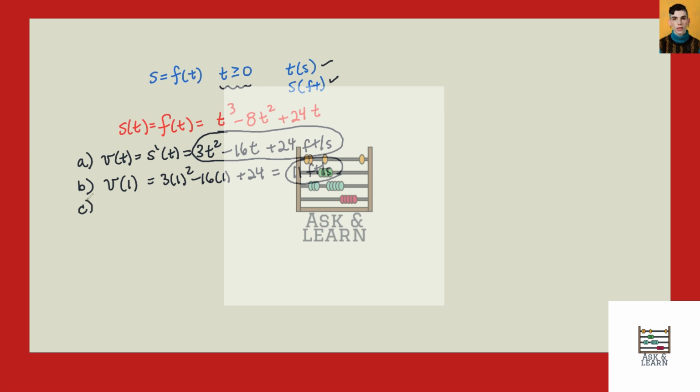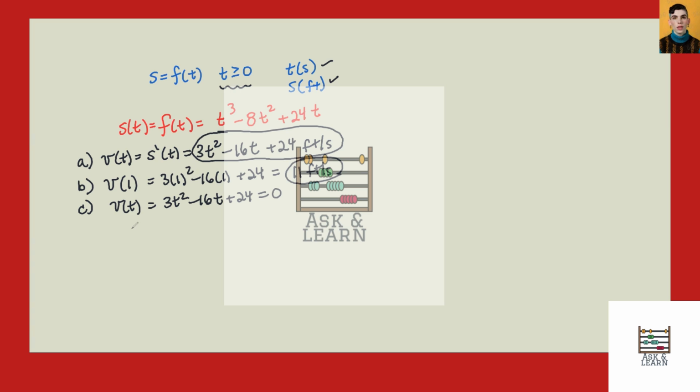All right, let's take a look at part C. We want to find out when our object comes to rest. So we need v of t, which is 3t squared minus 16t plus 24, to equal 0. And then the goal is to solve for t. It's not necessarily easy to factor when you have that 3 in front, so let's go ahead and use the quadratic formula.